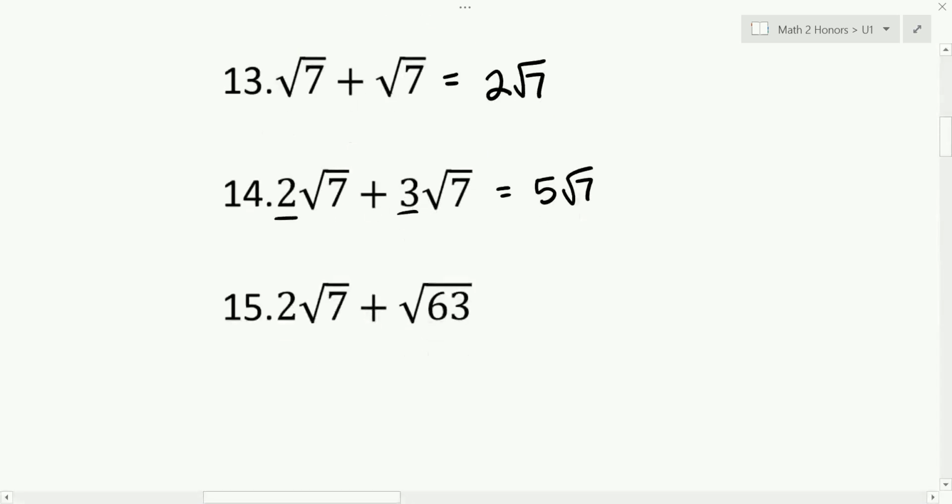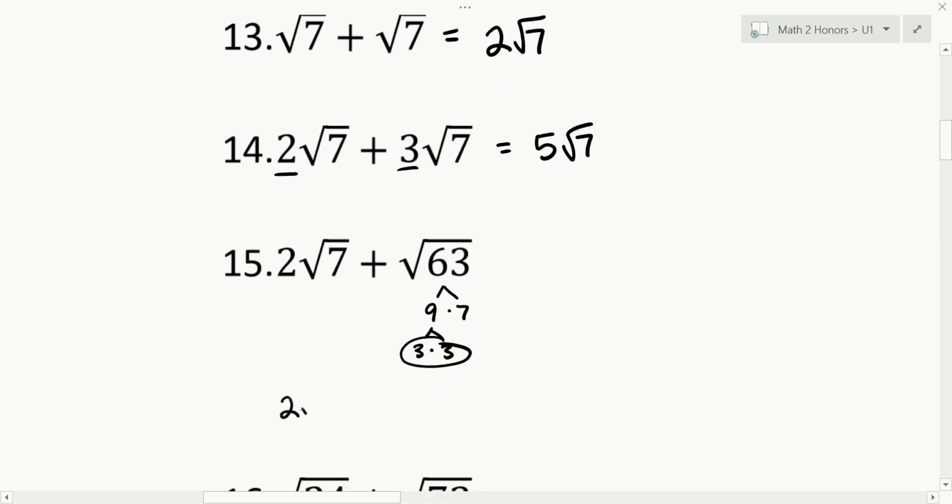We can do something on 15 though. Something that we've already learned. Yeah. We can simplify 63. 63 is 9 times 7. 9 is 3 times 3. Okay. And so we've got a pair of 3's here.